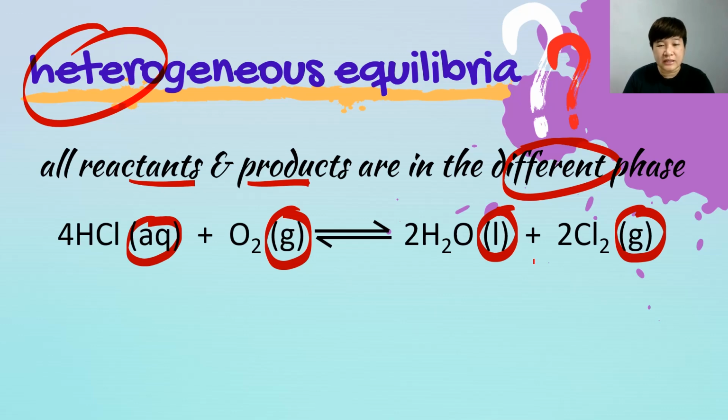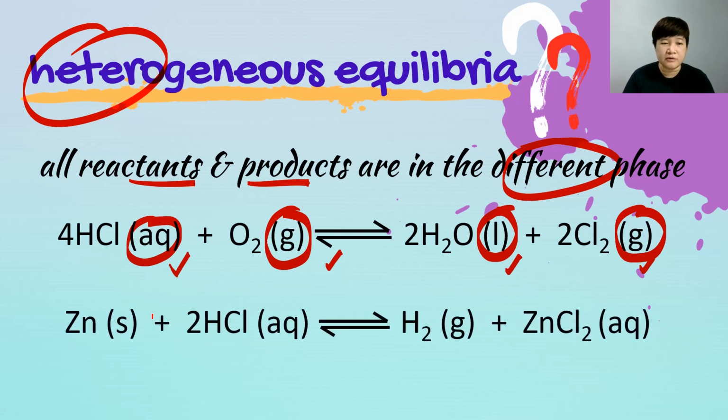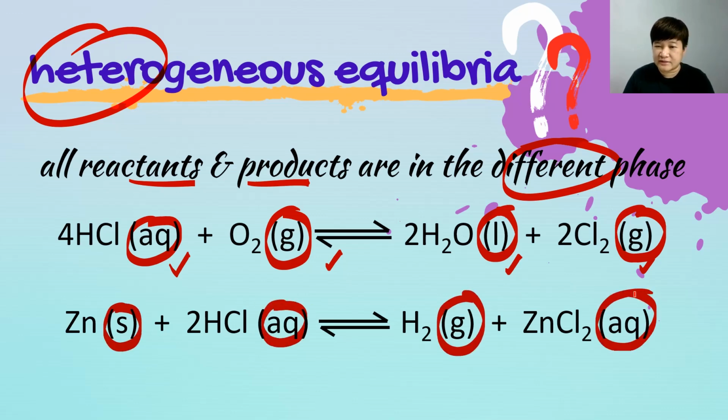So I have three different phases over here, the presence of aqueous, gas, liquid, gas. So that is your heterogeneous. Another example, I have the presence of solid, aqueous, gas, aqueous. That is also your heterogeneous due to the presence of different physical phases.